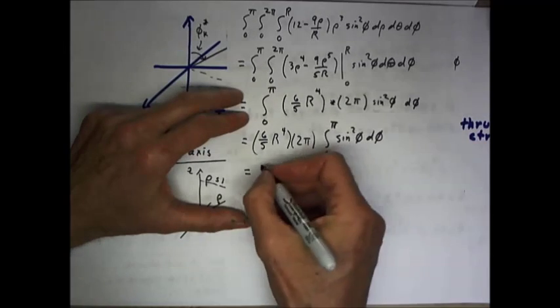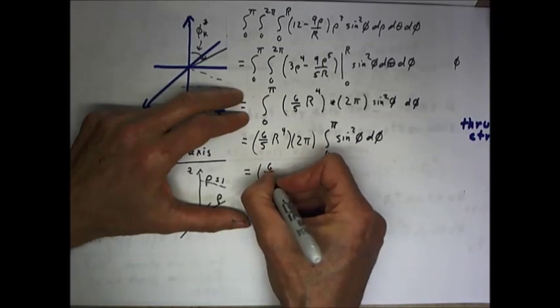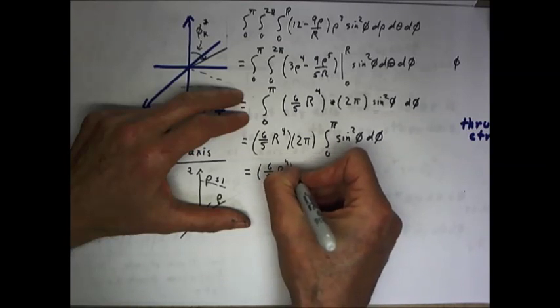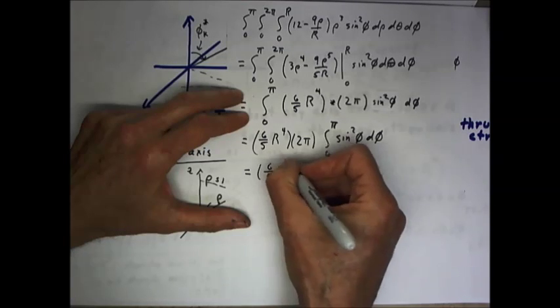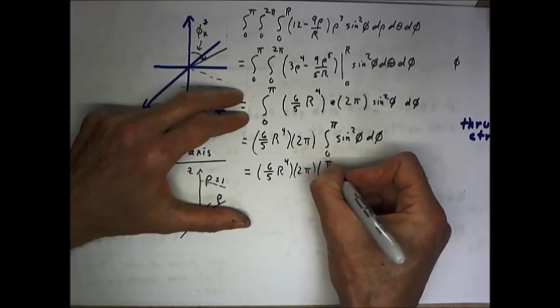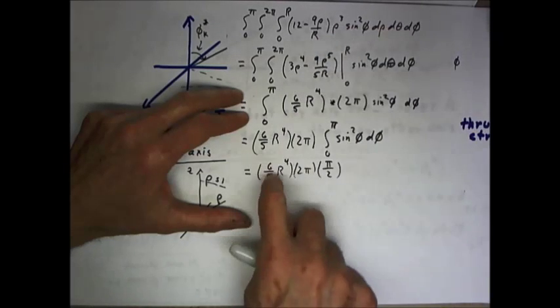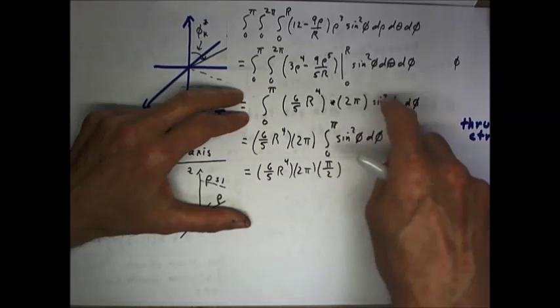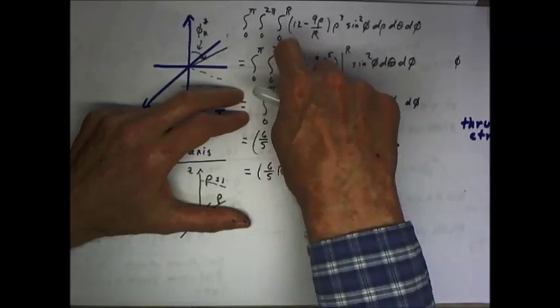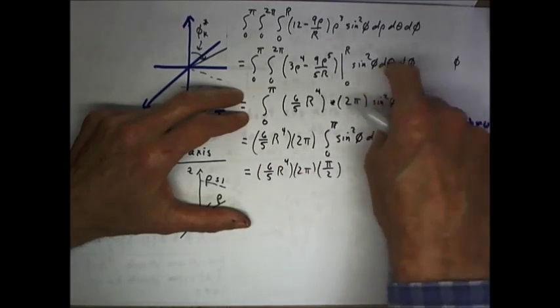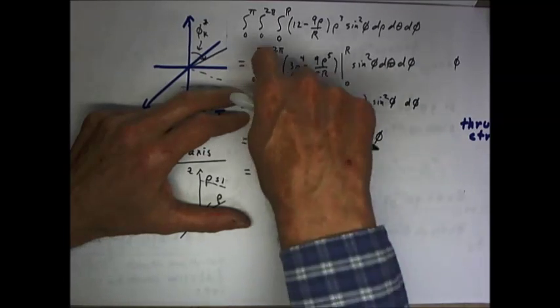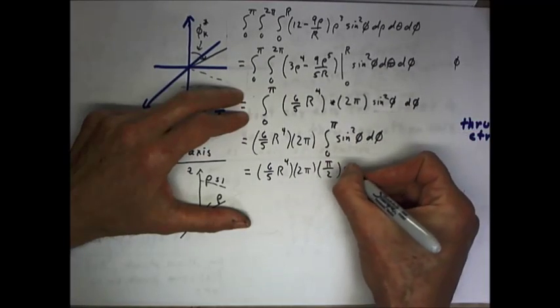So without doing all the details and still writing everything out separately for the moment, our integral on rho gives us 6/5 R cubed. Our integral of d theta between 0 and 2 pi gives us 2 pi. Our integral d phi from 0 to pi gives us pi over 2.